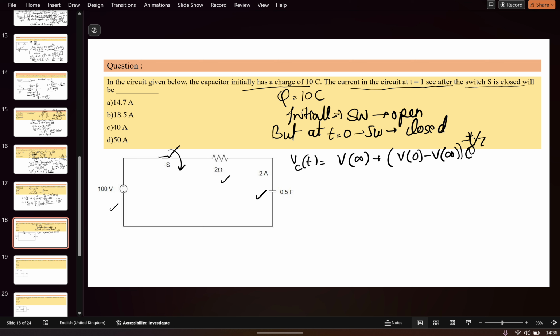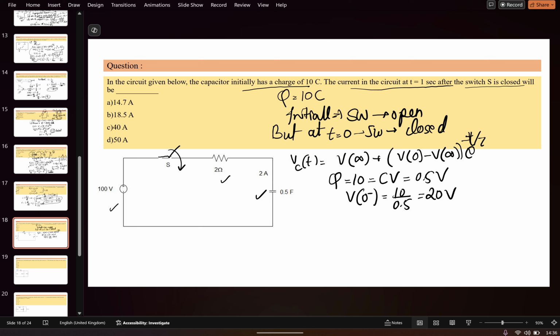Got my point? So initially Q is given as 10 coulomb. Q is equal to CV, and C is given as 0.5. So V0, the voltage at time 0 minus, will come out to be 10 by 0.5, which is 20 volt.